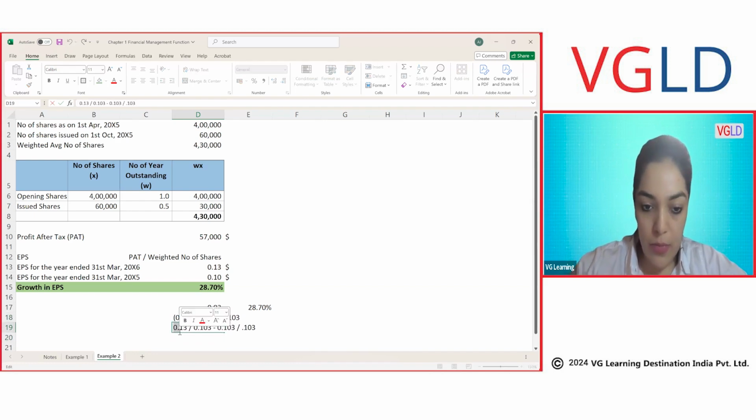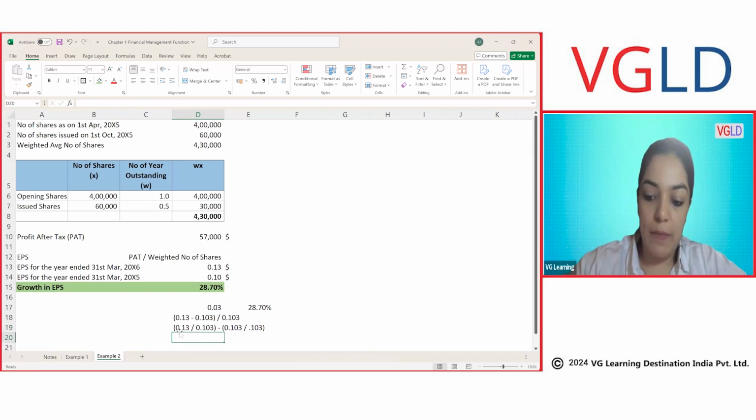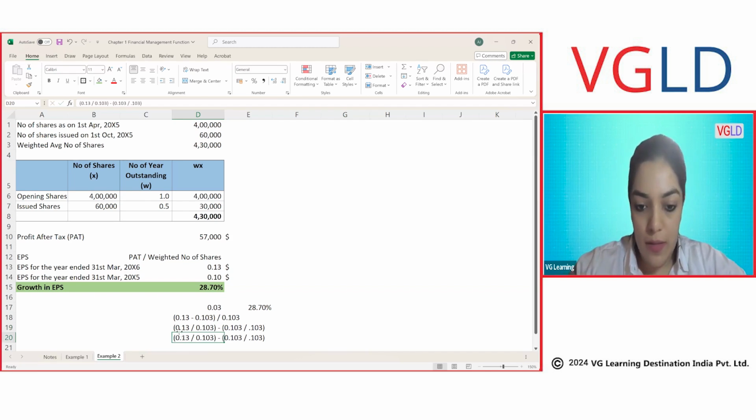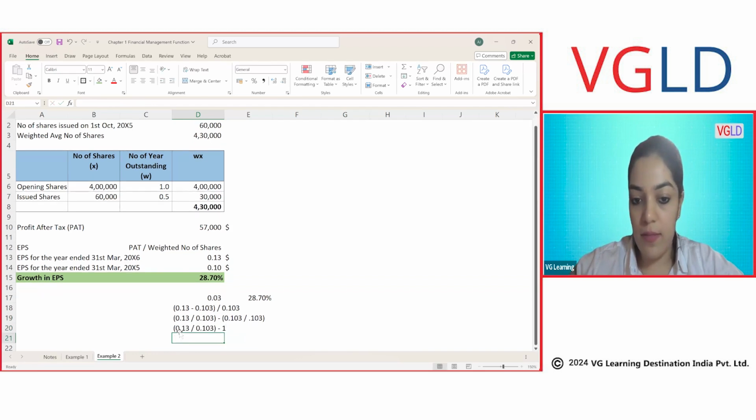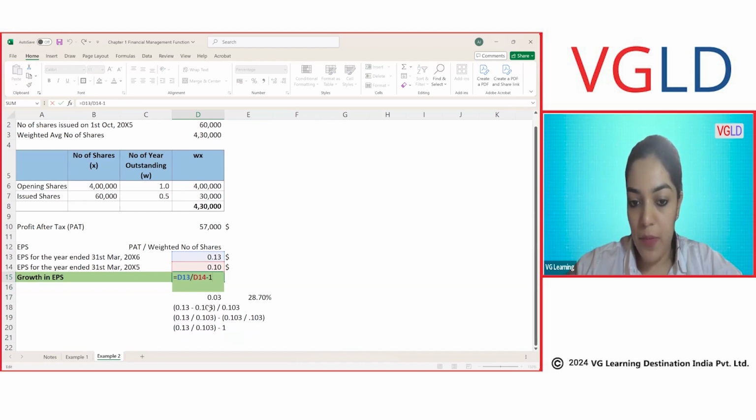Basic maths. I'll just put brackets here. Same. Can I therefore say it is nothing but this minus 1? That is what I've done over here. See, 0.13 by 0.103 minus 1.